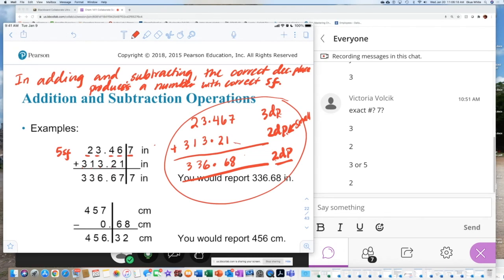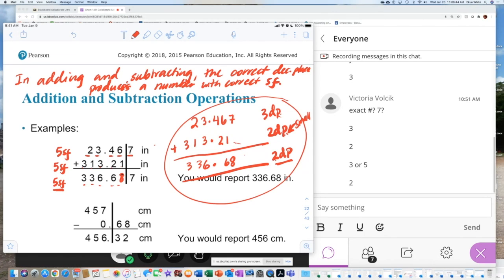Then my answer 1, 2, 3, 4, 5. When this becomes 8, this is going to be 5 significant figures. Okay, but what I was trying to do was use the decimal place to get the right significant figures. It's a coincidence that my answer has 5 significant figures.